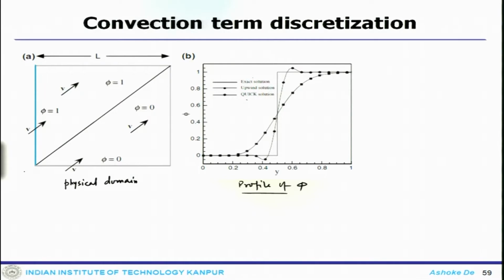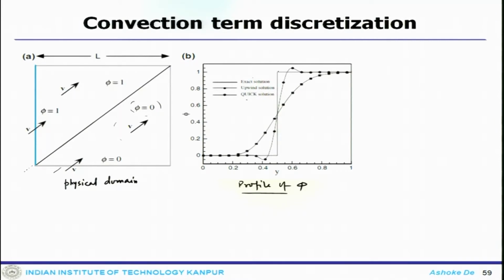If you think about the square domain along the diagonal, as there is no diffusion, above that all the solution will have phi equals 1 in this portion, and in this portion all the solution will have phi equals 0, and this is only convected from this side to this side due to this velocity.